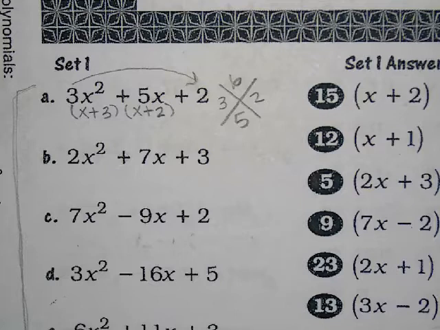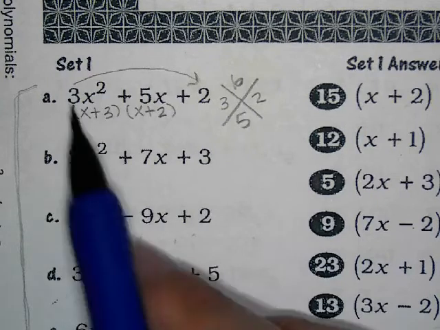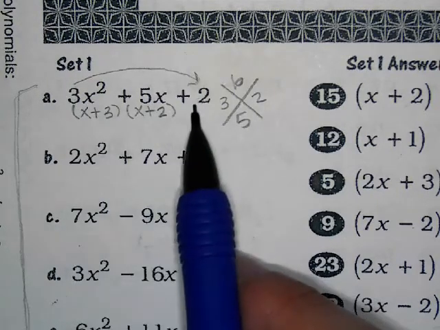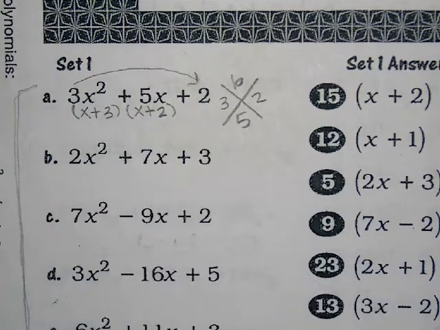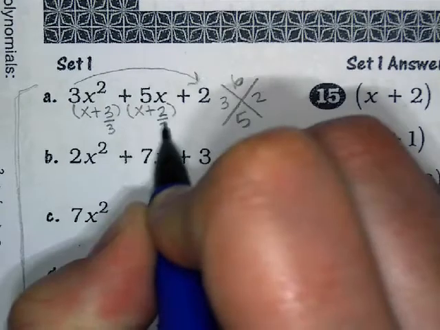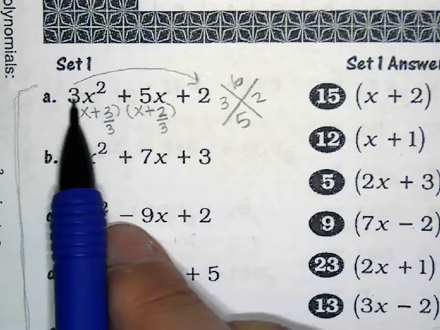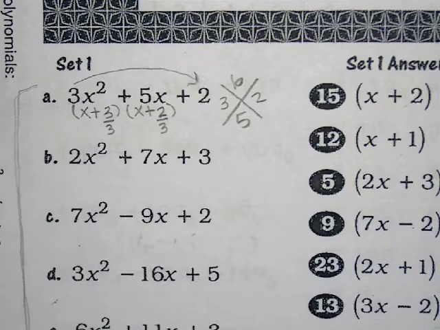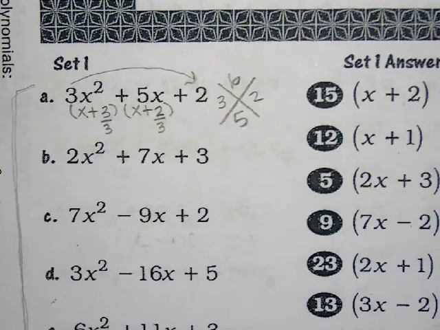All right. So we did the slide part, 3 times 2. What's our next step? Divide. We're going to divide by 3. The number that you slid is the number you divide by. So we divided by 3. And right here, 3 divided by 3 is what? 1.